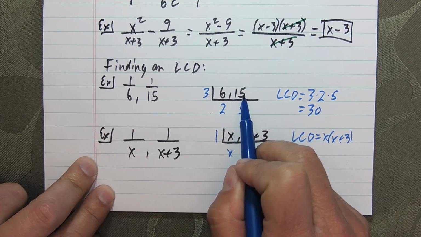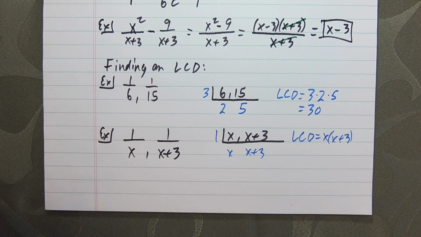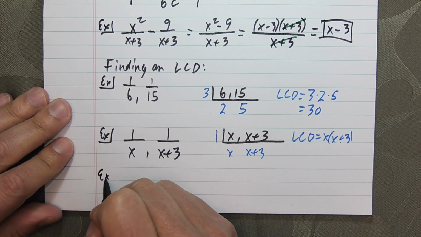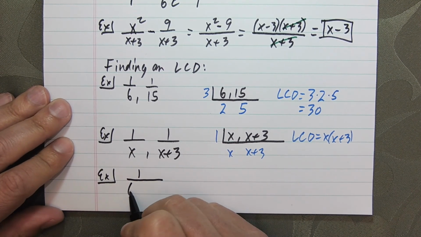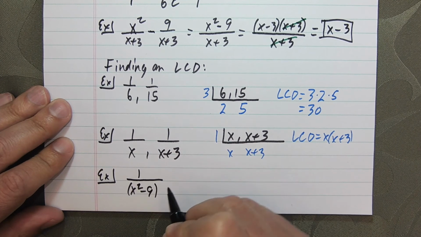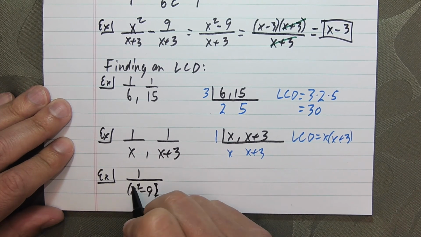So because it's multiplied, we can factor it out. But here they have nothing in common. So a little bit tricky there. Let's see if I can fit one more here. Actually, the parentheses aren't necessary there.